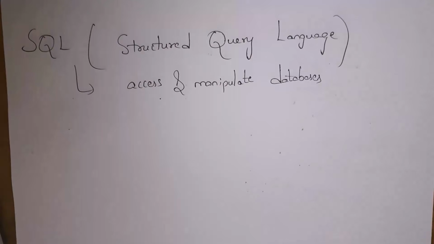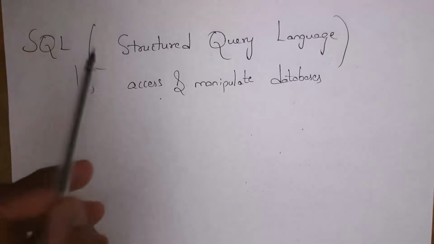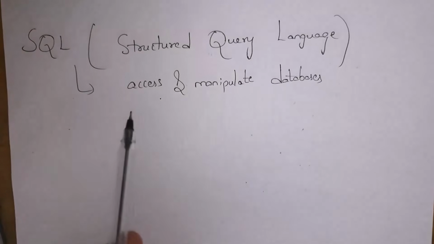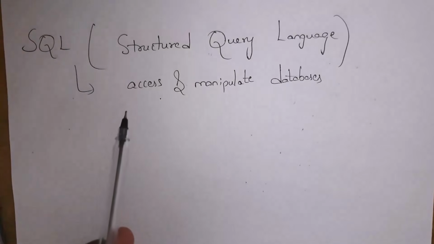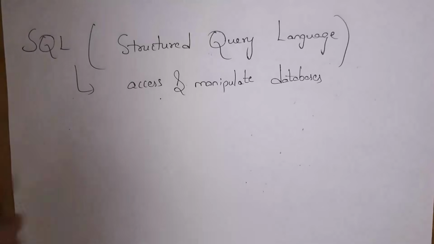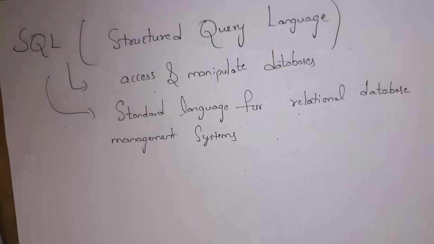Next, I will explain what is SQL. SQL stands for Structured Query Language. Guys, normally in software companies, employees pronounce it as "sequel", not "S-Q-L". So try to pronounce it as "sequel". By using SQL, we can access and manipulate databases. This SQL is the standard language for relational database management systems. That is, we use SQL in RDBMS.